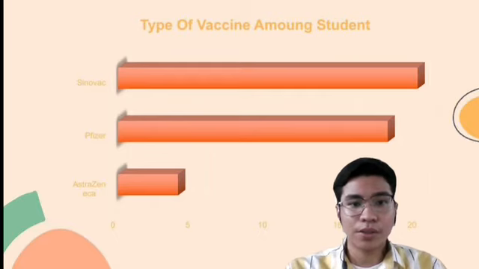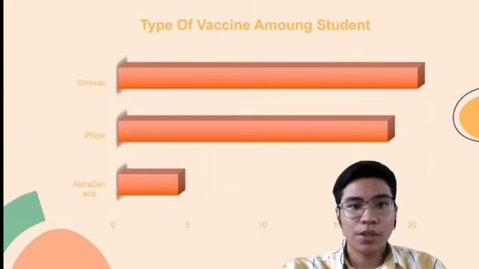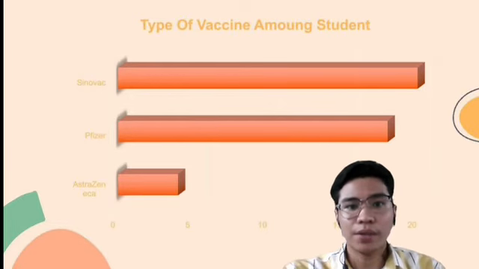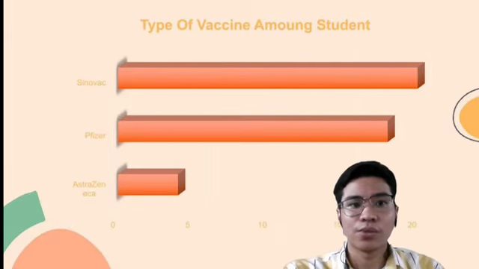Type of vaccine among students. This bar graph summarizes the fraction of the type of vaccine among students. As we can see in the graph, there are 3 types of vaccine taken among students: Sinovac, Pfizer, and AstraZeneca.